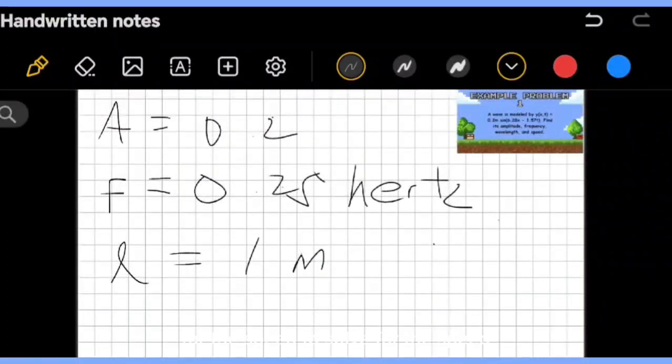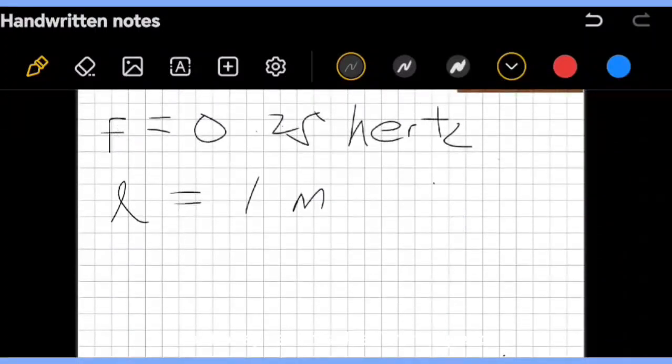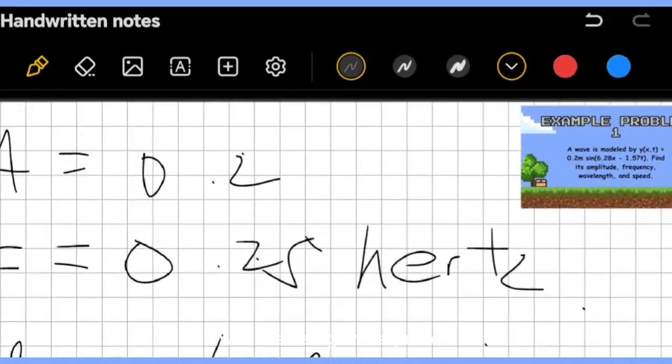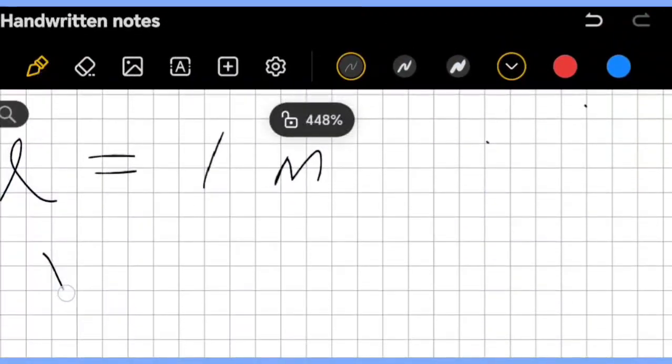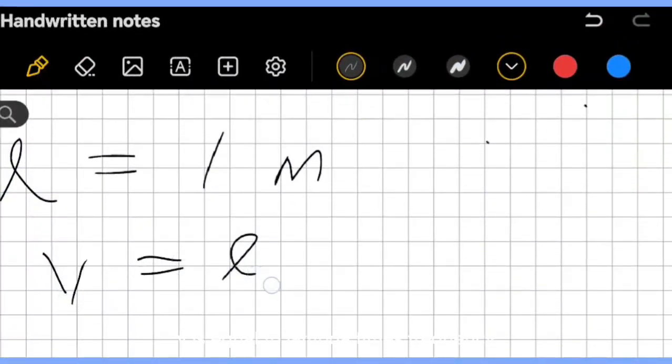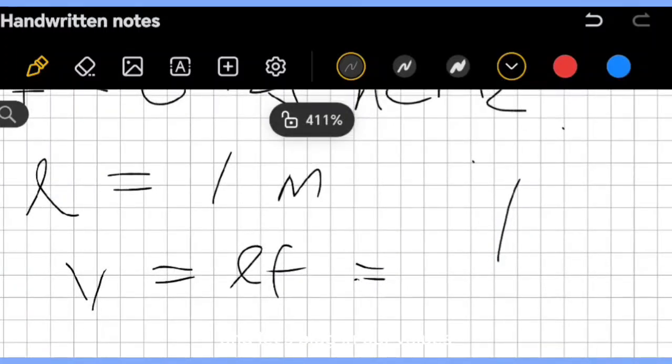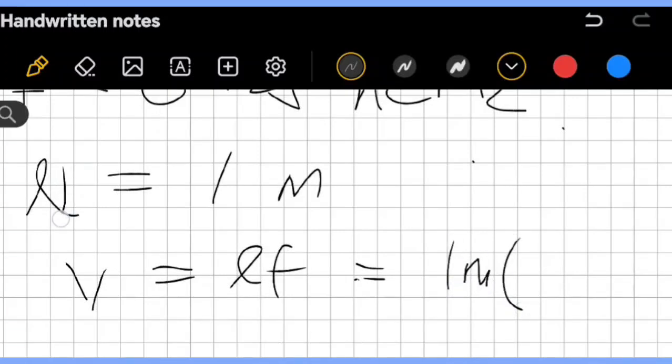Next, finally, for the speed, we'll be using the equation v is equal to lambda times frequency. Let's plug in our values. Our lambda is 1 meter times the frequency 0.25 hertz.